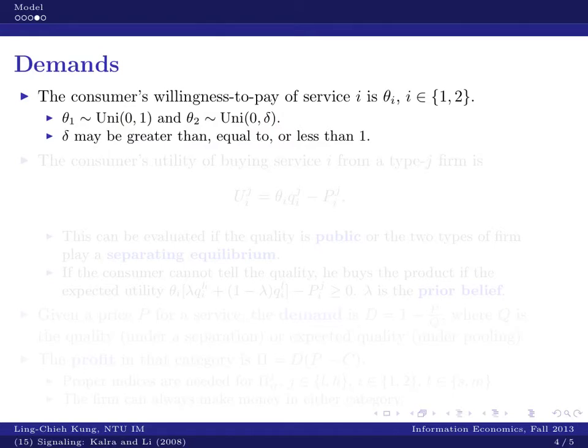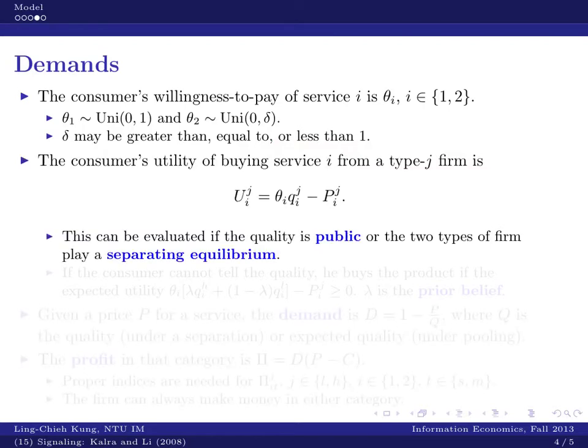And besides the assumption of uniform distribution, here we say that the two market sizes can be different, and the delta may be either greater than, equal to, or less than 1. So there may be more consumers that care about service 2, or there may be fewer. Yeah, both are possible.